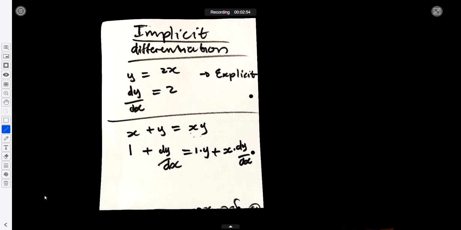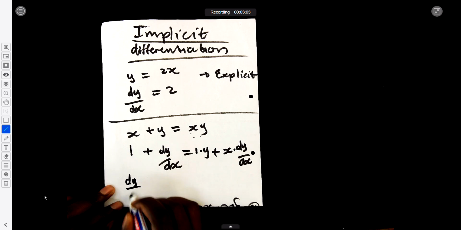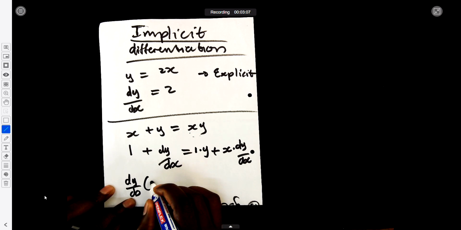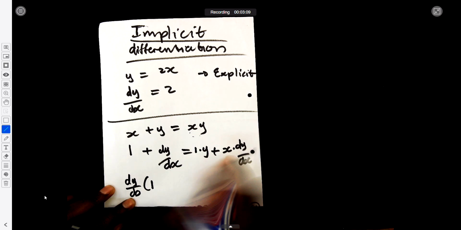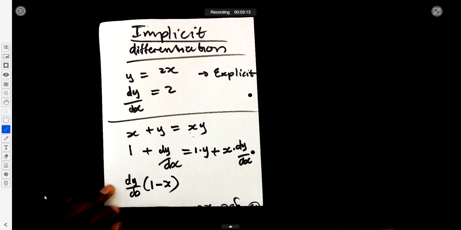Because our minds are used to taking things to the left side, we switch things to the left side. So I take this to the other side. Factoring out dy over dx, I'll have 1. If I take the x term to the other side, it will be negative x dy over dx. I take out dy over dx as a common factor.